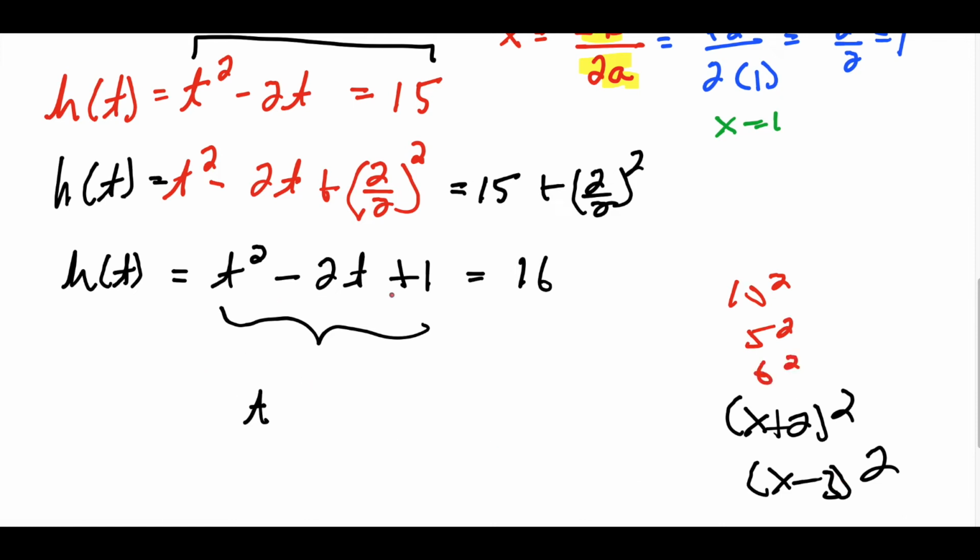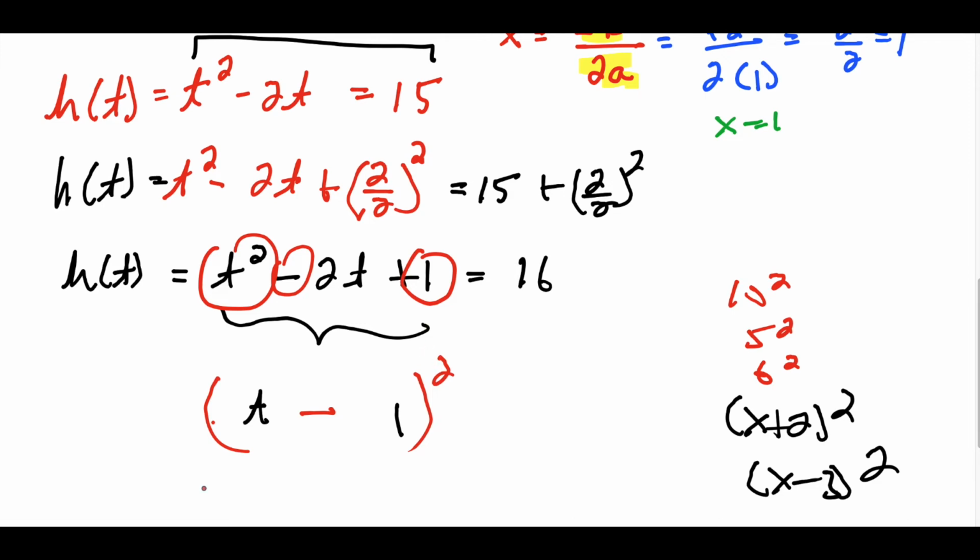Because we did that, we know it's going to be one of these kinds. So you take the square root of the first term, which gives us t. You take the square root of the last term, which gives us 1. You keep the sign right here: t minus 1 squared. If you FOIL that open, you're going to get that. So if you know that little rule, you can jump right to this.